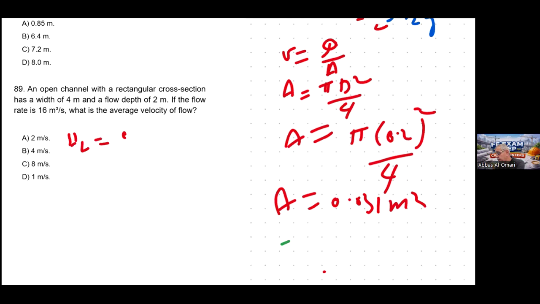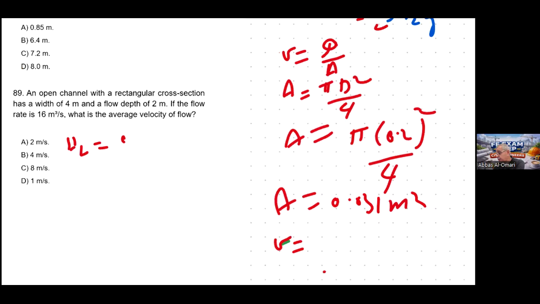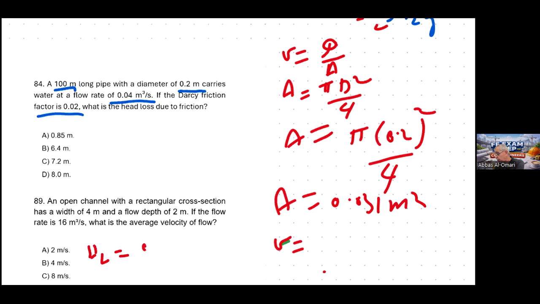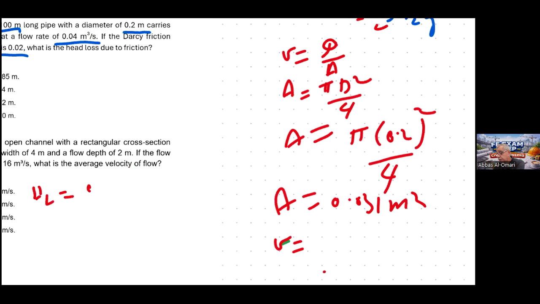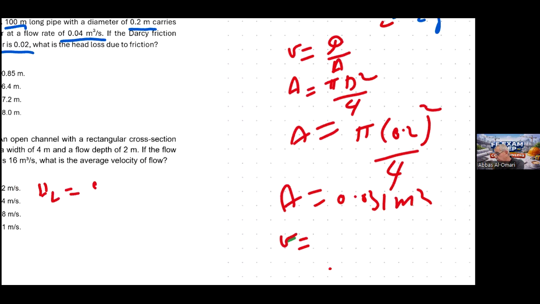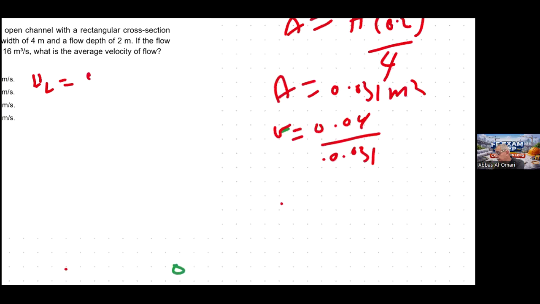So V equals the flow, which is 0.04 meter cube per second, divided by the area, 0.031, and that gives us V equals 1.29 meter per second.